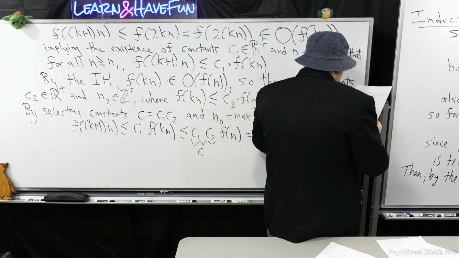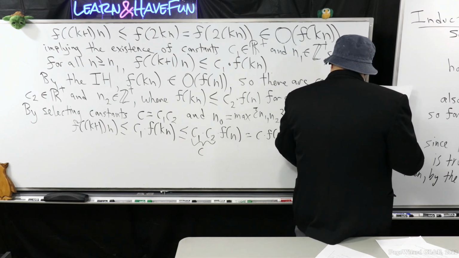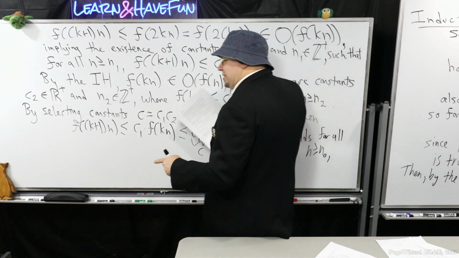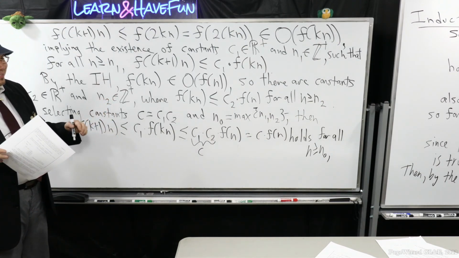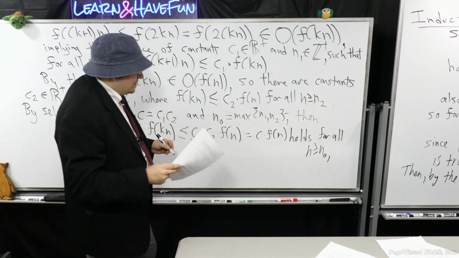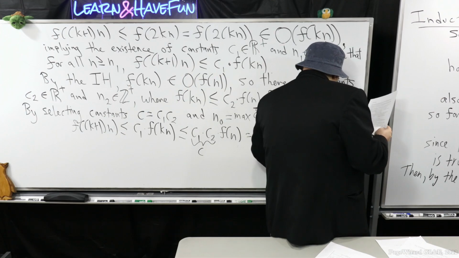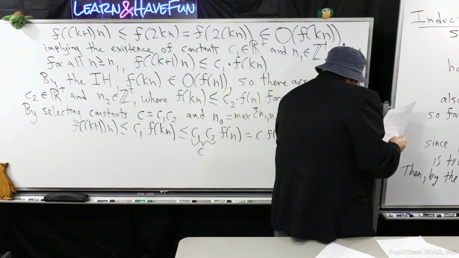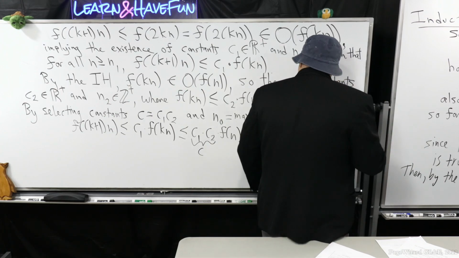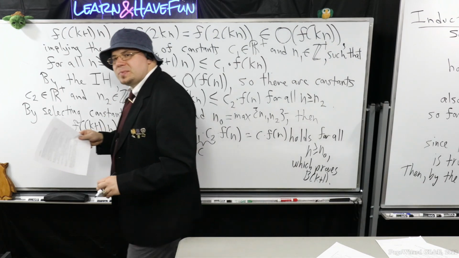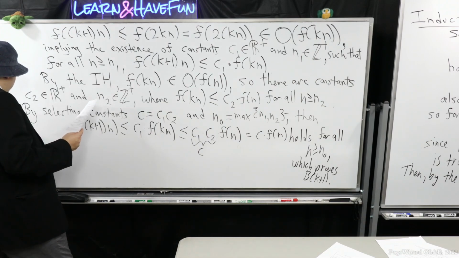And this holds for all n greater or equal to n0. But what is this statement? This statement is b of k plus 1, right? We've proven b of k plus 1, which completes the induction step. Now, I could use the principle of mathematical induction and we're done.